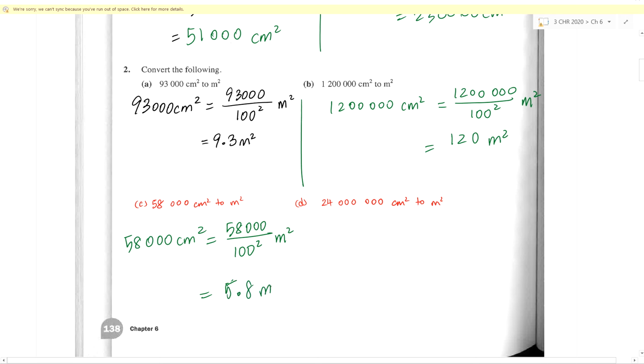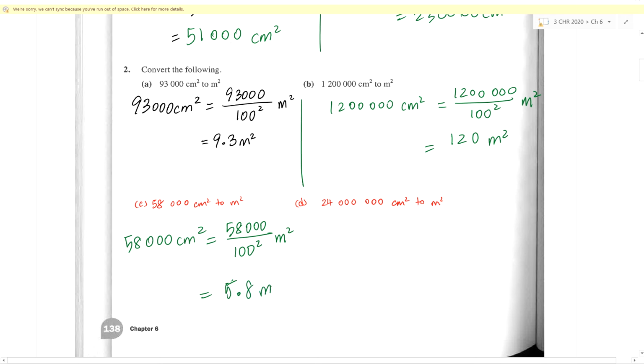And the last one, just remove the 4 zeros. 24 million, 123 square centimeters. Put in the units. So after removing 4 zeros, we are left with 2,400 square meters.